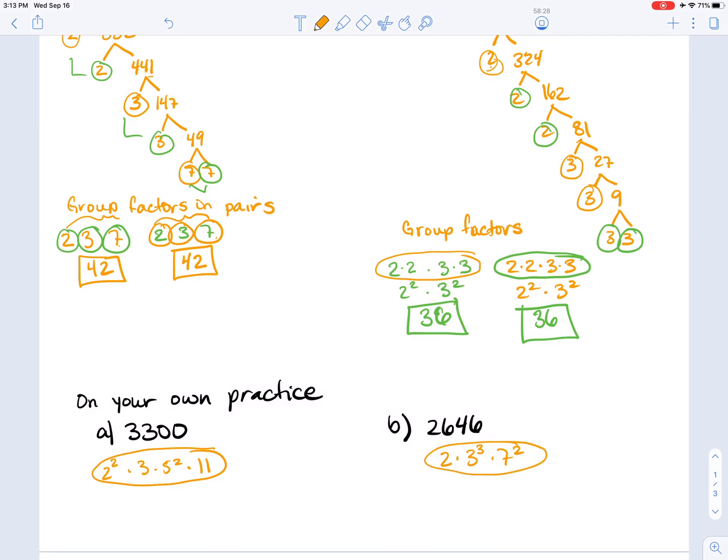Now there's a difference with these two in the fact that I won't be able to group them the way that the above examples were, but it was a good practice for using the tree to decipher what the prime factorization of each of the numbers is.